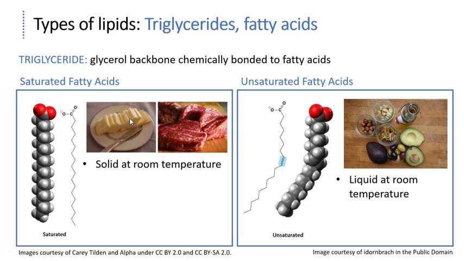So this term saturated, and likewise the term unsaturated, it's referring to this backbone here of carbons and whether or not there are hydrogens chemically bonded to those carbons, right? So if you have a saturated fatty acid, simply this means the carbons are saturated with hydrogens, right?